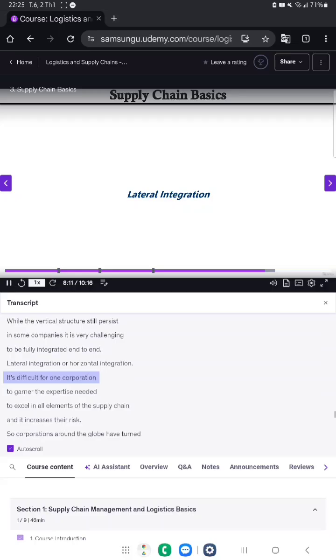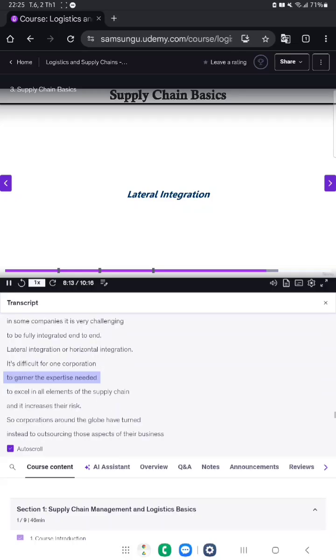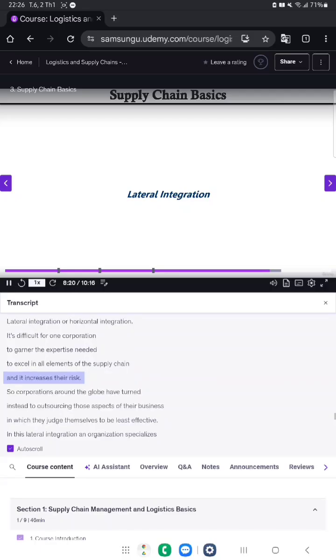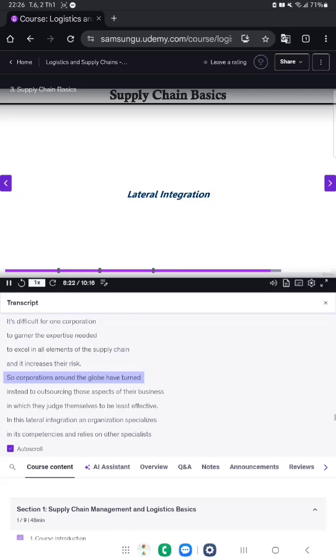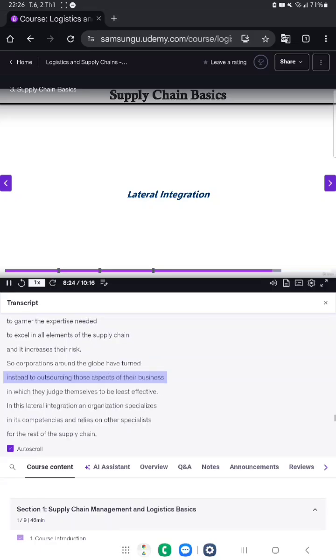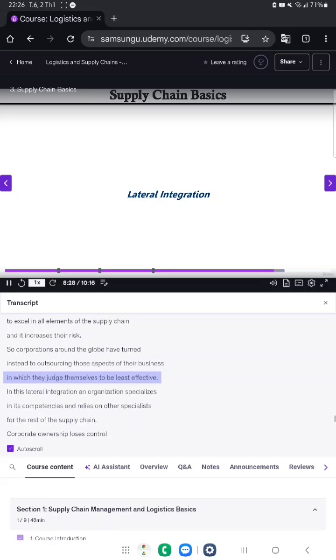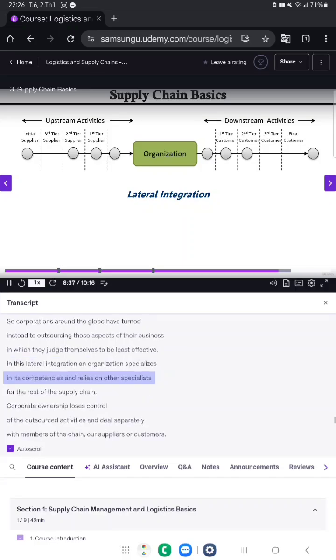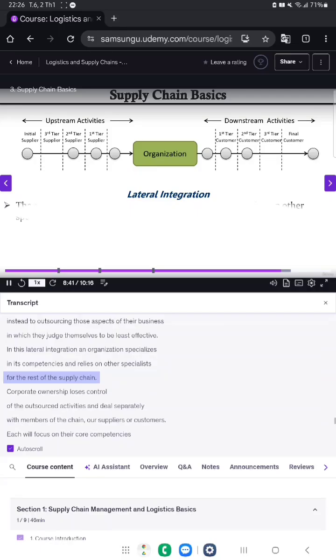It's difficult for one corporation to garner the expertise needed to excel in all elements of the supply chain, and it increases their risk, so corporations around the globe have turned instead to outsourcing those aspects of their business in which they judge themselves to be least effective. In this lateral integration, an organization specializes in its competences and relies on other specialists for the rest of the supply chain.